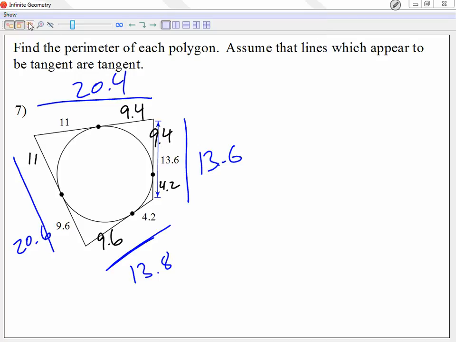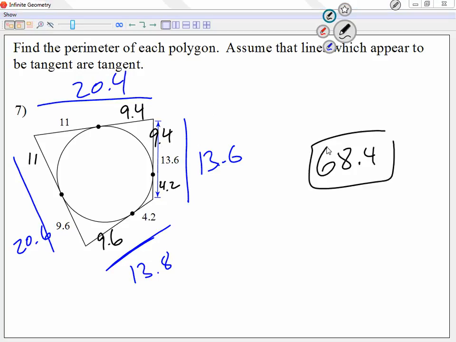Then add everything, and you should get 68.4. The 20.4 on the top, I added those two numbers, 11 plus 9.4. That's how I got the 20.4. If you look at the bottom, the 13.8, because I added 9.6 plus 4.2. And obviously the other side as well.